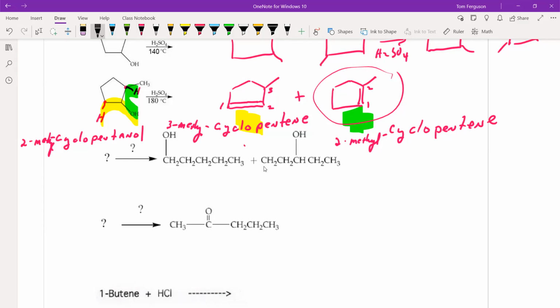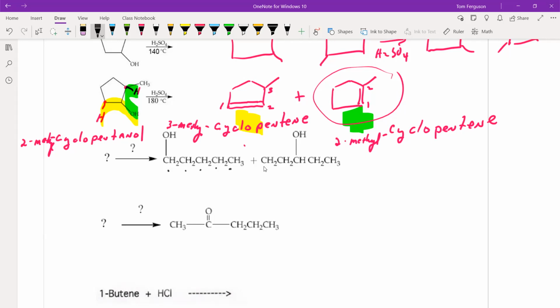In the middle of your flow chart, you've got alcohols. And where do they come from? They come from alkenes, right? We put water across a double bond, we're going to generate an alcohol. So this is a 1, 2, 3, 4, 5. So it's a pentanol, and it's a primary pentanol because the OH is on the very end.